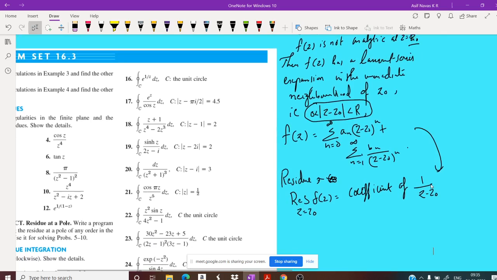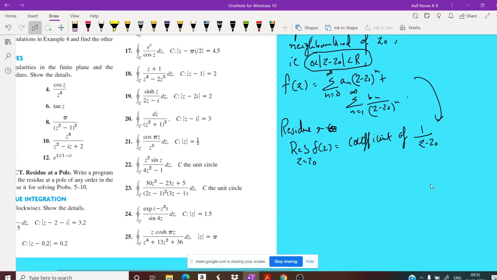And we already studied a few formulas to find the residue of a function, and also we studied the residue integration theorem.